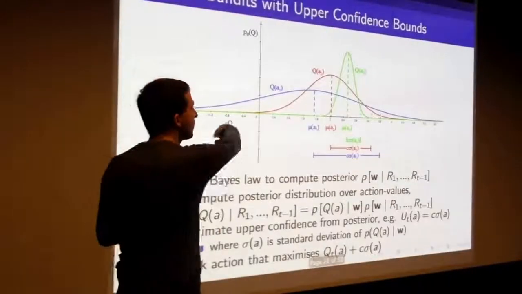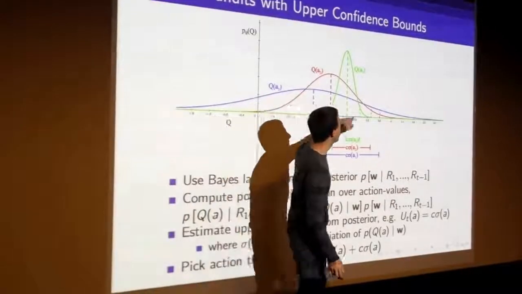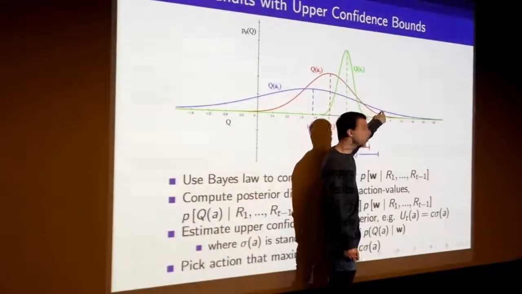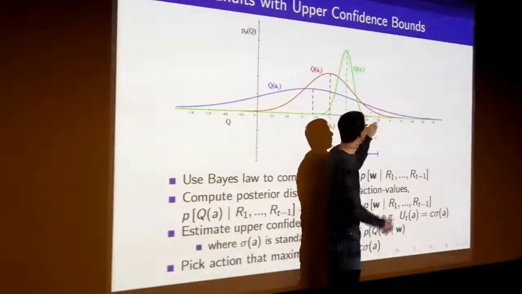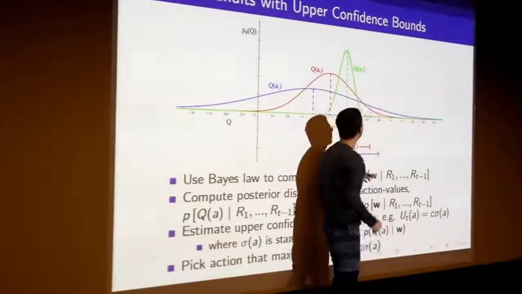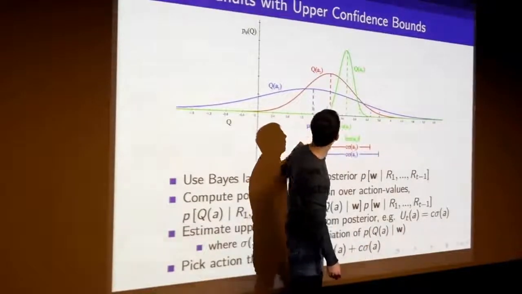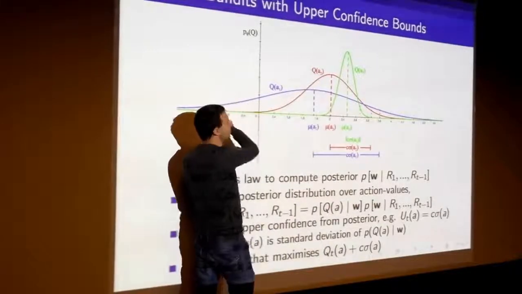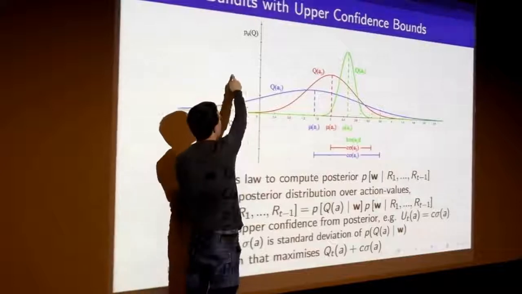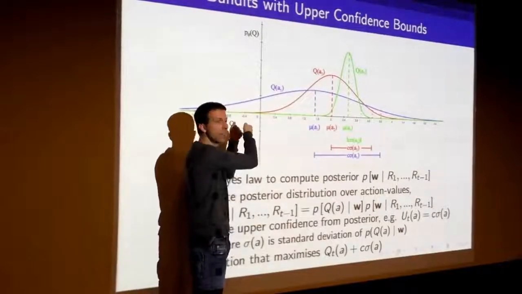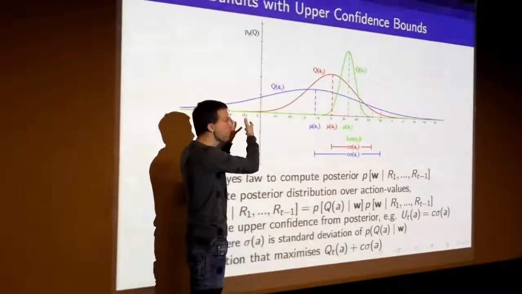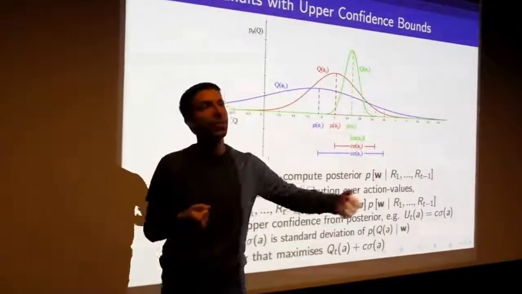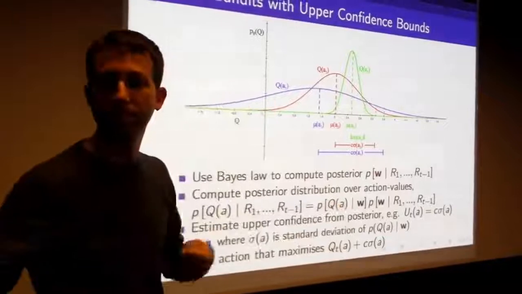If we look at these distributions again, what's the probability that blue is actually going to end up being the max? It's fairly high. There's a good chance that blue will actually end up being the max because it has this big tail there. Whereas if you had something over here with a tight distribution, there's a very small chance that this thing could end up being the max, and so we would never pick it. So we pick things in proportion to the probability that they could be the max, and that encourages us again to be optimistic in the face of uncertainty.